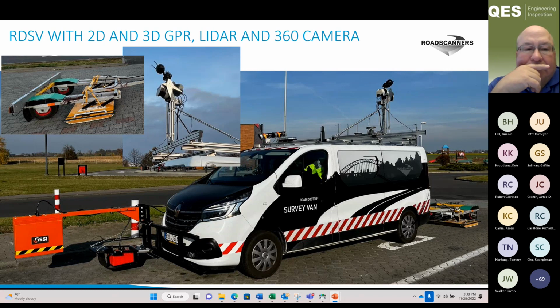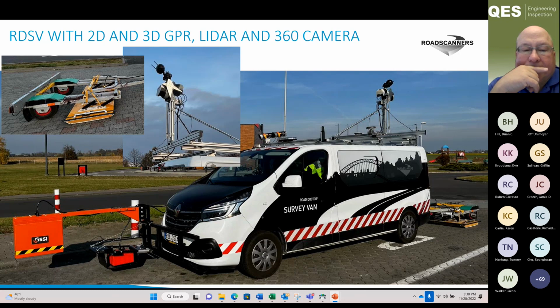It is because it is so much better when you are doing asphalt testing close to the surface, where you need to really find detailed cracking, when you need to find stripping and other things.